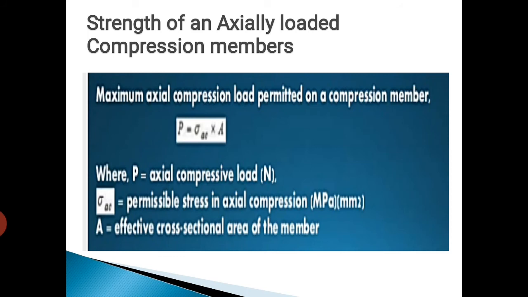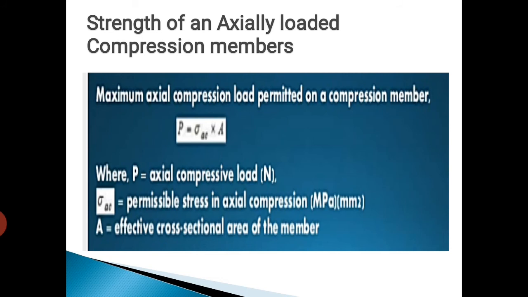Next point, how to calculate the strength of an axially loaded compression member. See this slide, the maximum axial compression load permitted on a compression member. P, the strength of axial compressive load, is equal to sigma AC into capital A, where P is the axial compressive load in Newton.